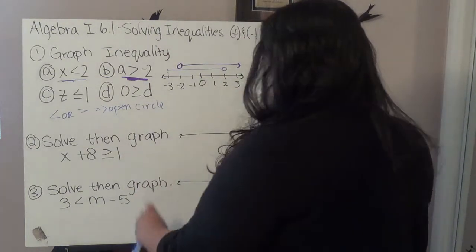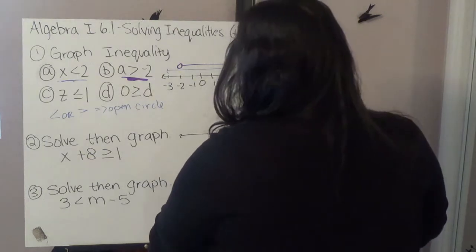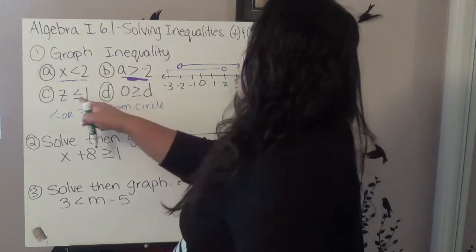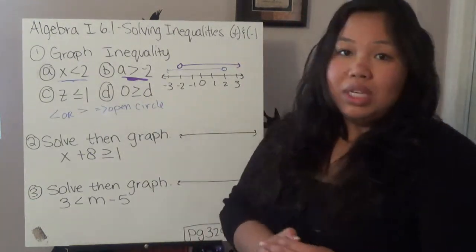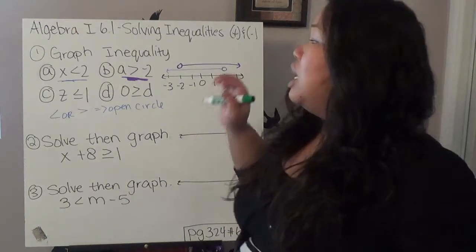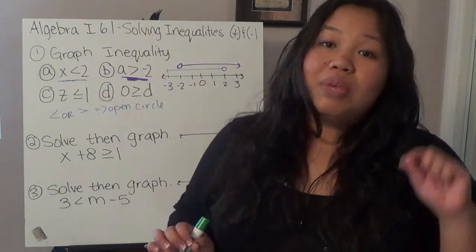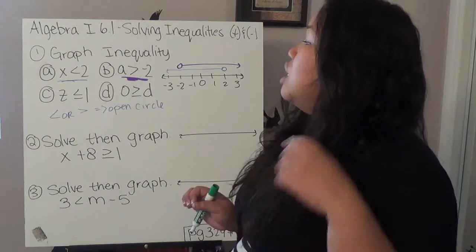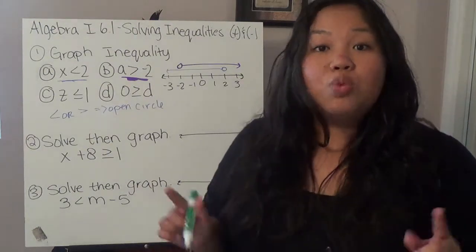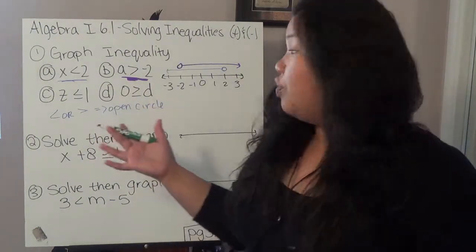Now when we get to c, it's a little bit different because now it has that line underneath. What that line underneath means is that z can be less than 1, but it also can be equal to 1. So it's z is less than or equal to 1. That means 1 can be included as an answer for z.